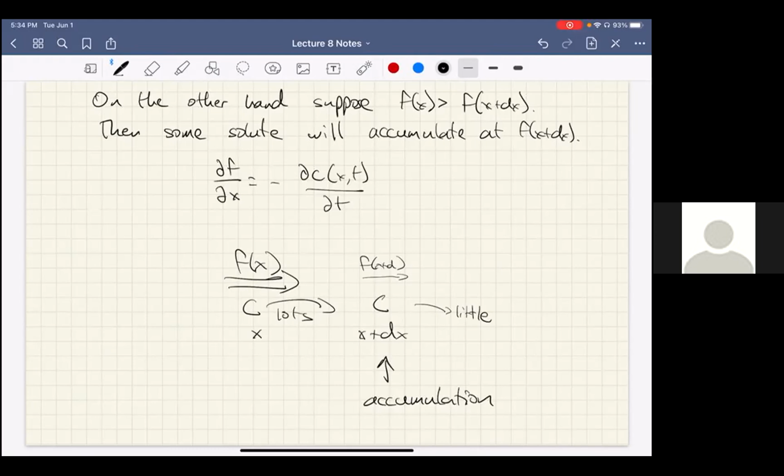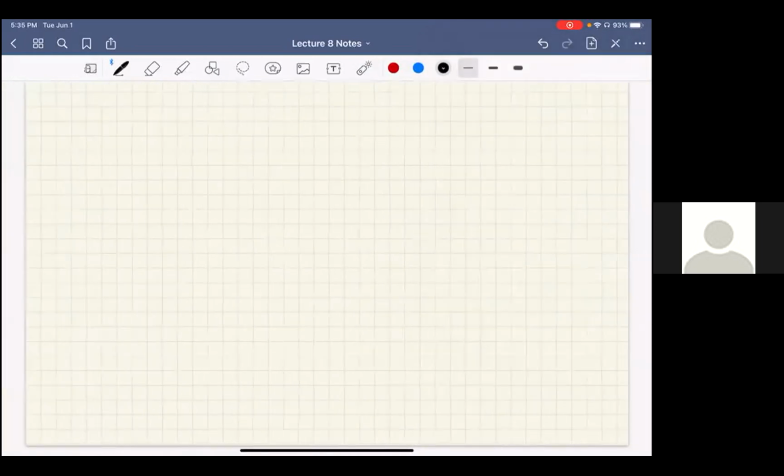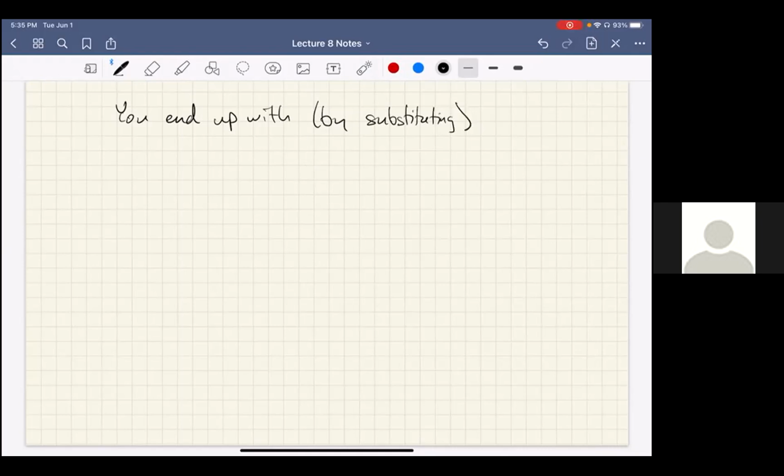So that leads to Fick's second law. What you do is you take this, substitute it into the other equation. Now this lecture is running a little long, so I won't directly substitute that. I'll let you do it. But what you end up with by substituting into Fick's first law is this.